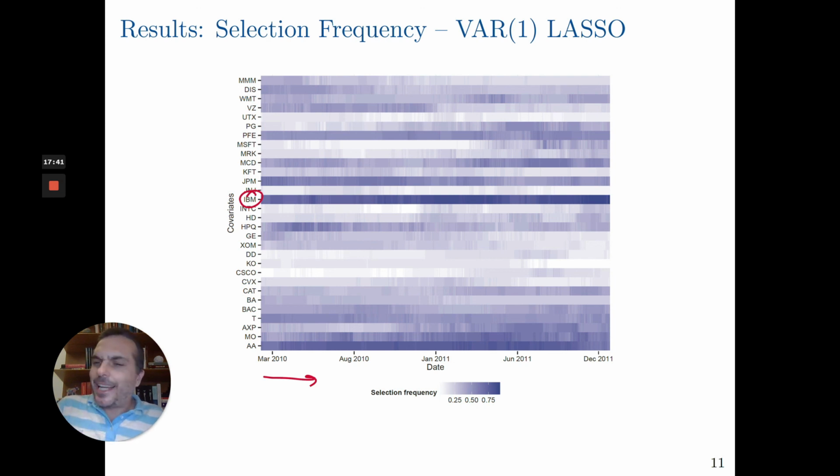So it's working like a common factor, right? And that's kind of strange. Why do IBM, followed by AA, have this power? Because you see all the other equities, the blue here in the picture is much lighter. So the selection frequency is much smaller.